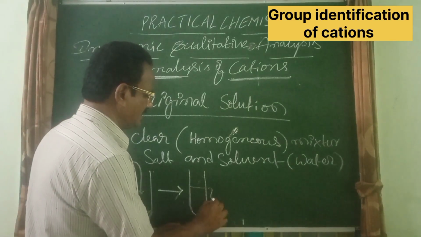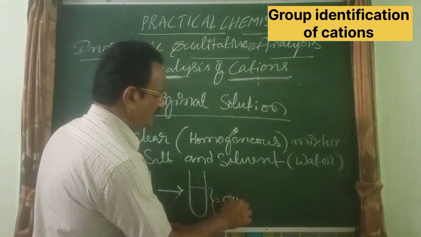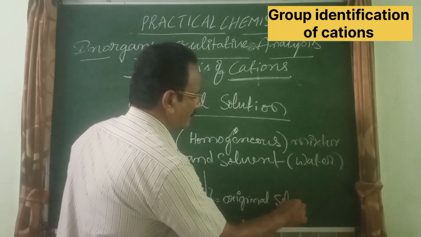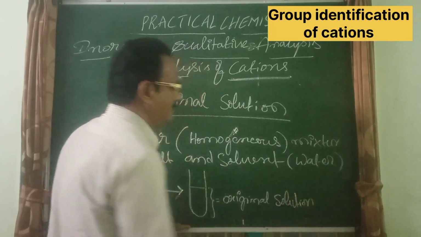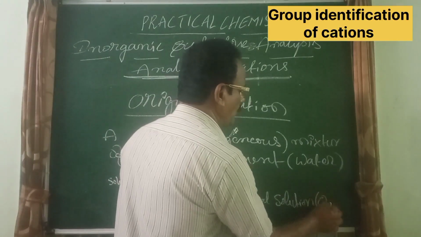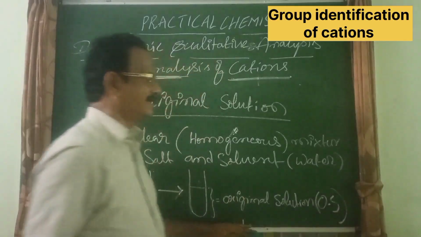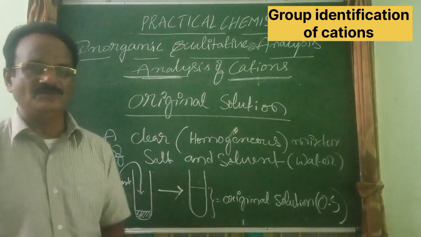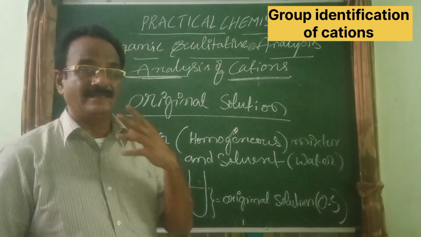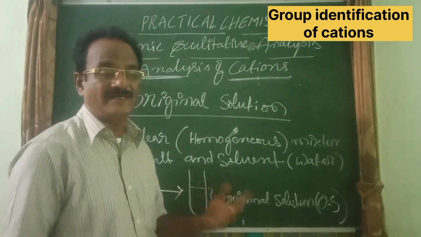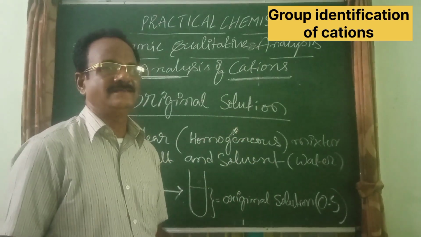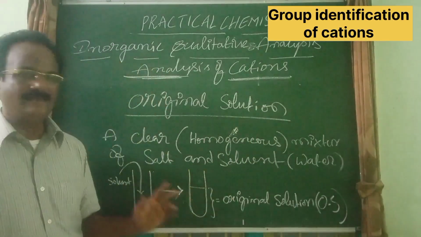Such a mixture is called the original solution. In the upcoming explanations, I will use OS as shortcut for original solution. One has to do the group identification or confirmation of cations using this original solution.